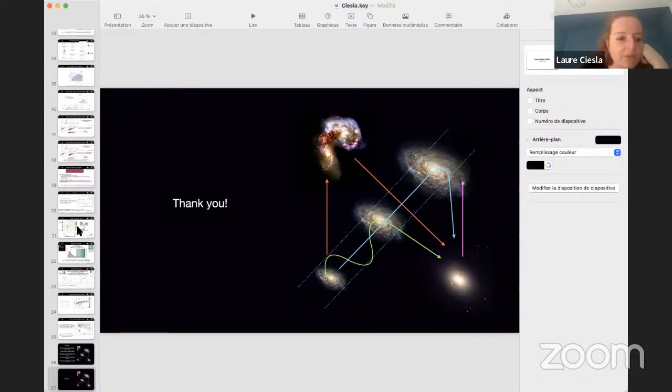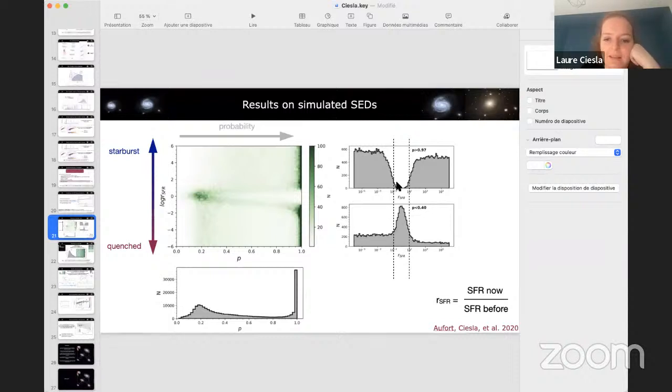And you can see, if I can show here, that if it had been perfect, you would have this going just here close to 1. But this shows you that the method does not manage to see and to probe very tiny variation of burst or quenching.